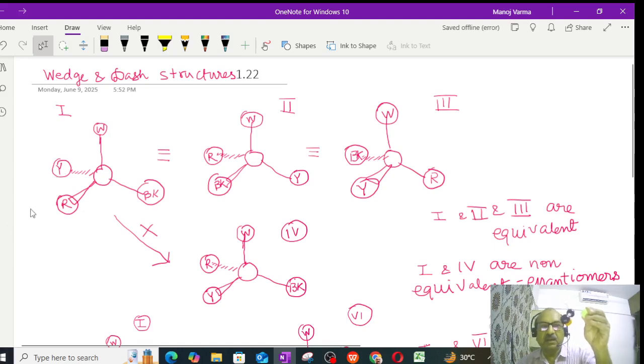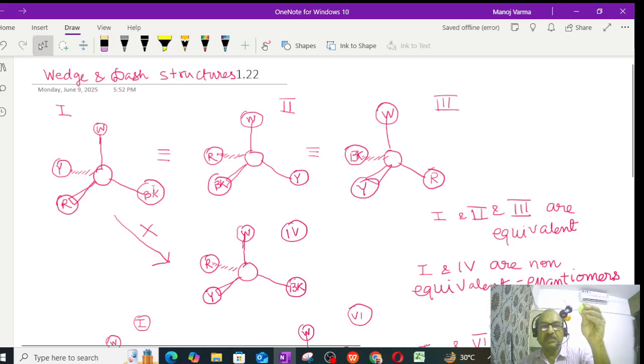If you look at the initial diagram where you had the white and the black in the same plane, red was pointing towards the observer and yellow was going behind. Now I have rotated it so that the yellow is now here.